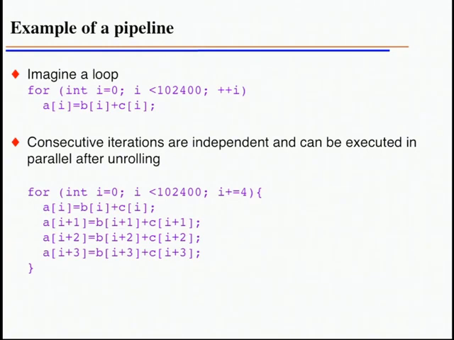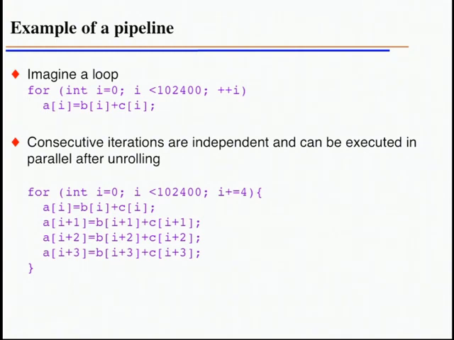So after putting several of these summations into one iteration, you can easily do these 4 instructions in a pipelined way so that you get one addition result each cycle.